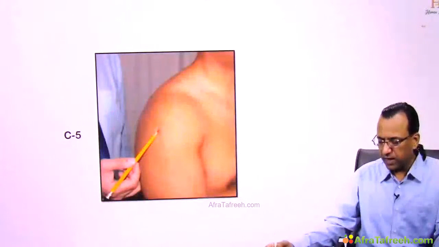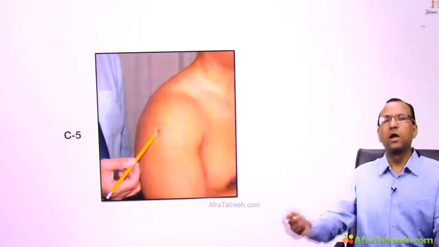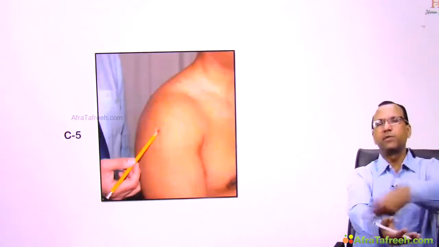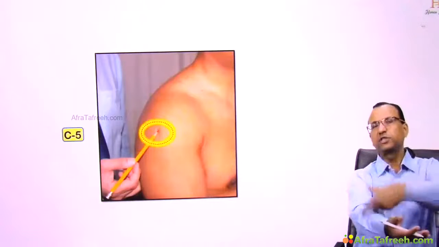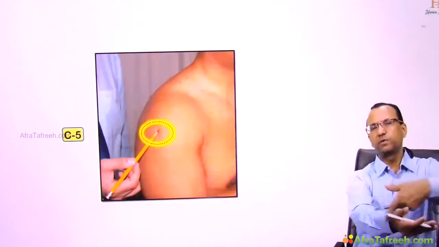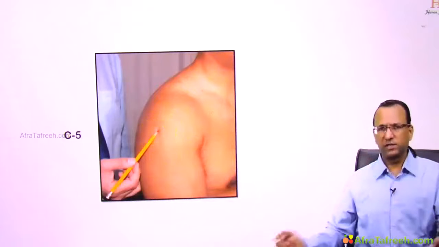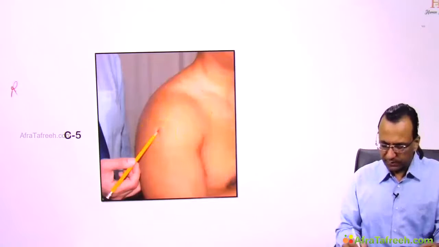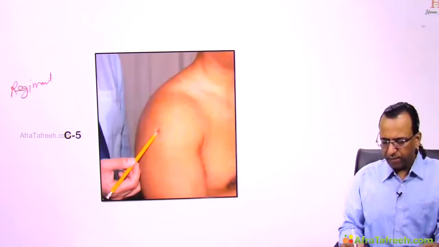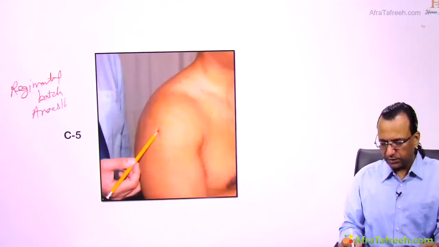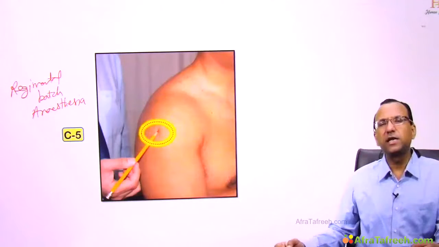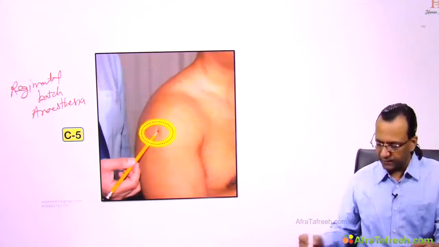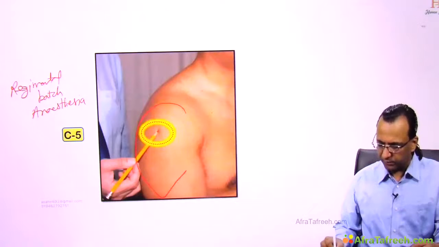Also, you will see that there will be some sensory loss on the lateral aspect of the upper limb. Why the lateral aspect of the upper limb? Because the C5-6 dermatome is involved. And what is this dermatome? This is called regimental badge anesthesia. It is the axillary nerve C5 dermatome, the skin on the upper part of the deltoid.